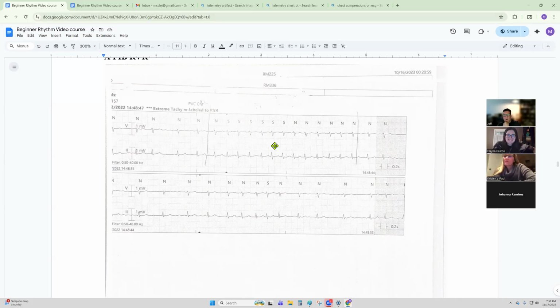SVT is just this broad umbrella term that covers a bunch of things like we just talked about. What it means is supraventricular tachycardia, supra above the ventricles, and that you're going to see a sudden onset of narrow QRS tachycardia. Any impulse originating above the ventricles could be a narrow QRS complex because that follows the normal natural pathway down.